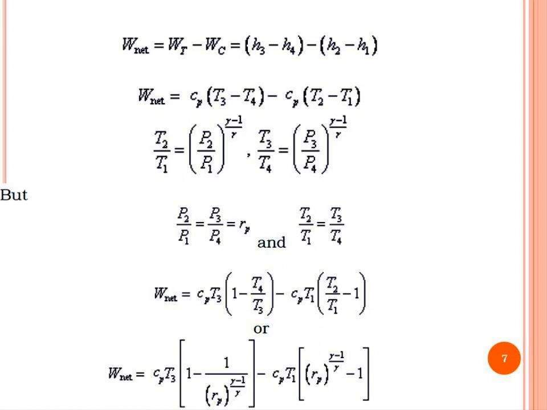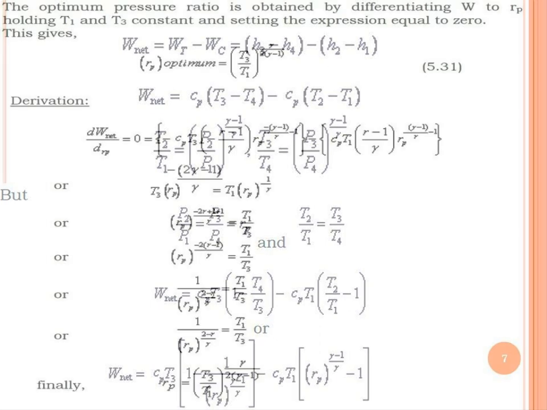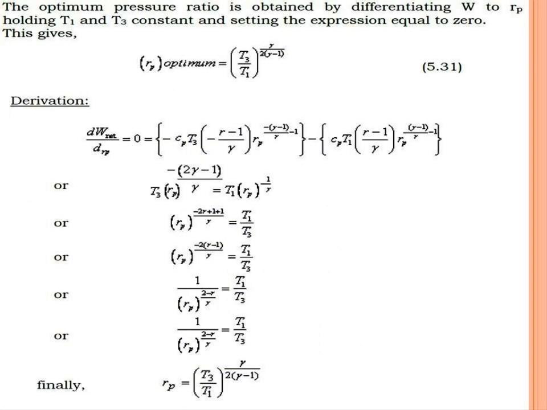So now the net work of the system depends only upon the pressure ratio. Our task is to find out the value of the pressure ratio for which we will get maximum work output.